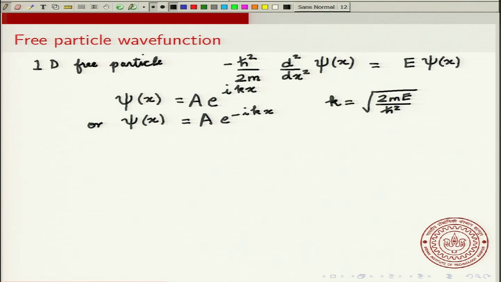You should be able to verify this by substituting this wave function in the differential equation, and it is fairly easy to see that it satisfies it.